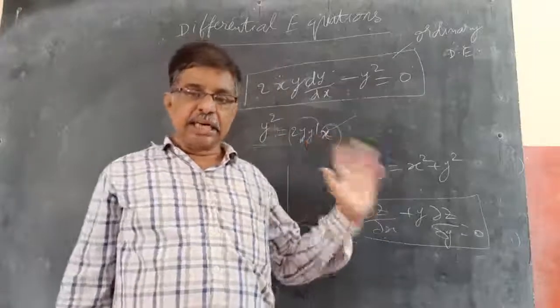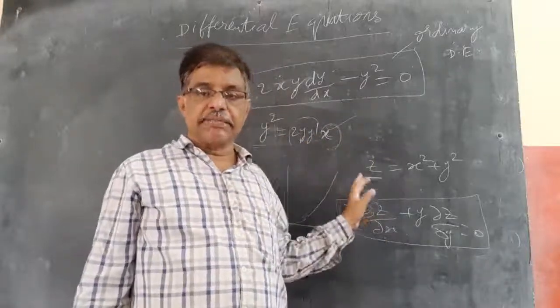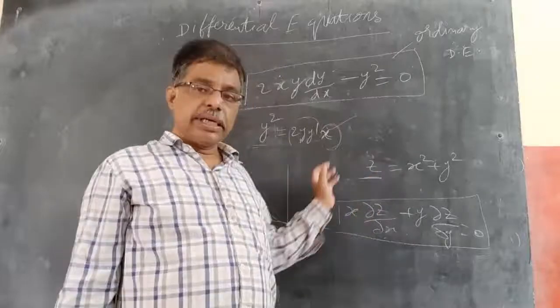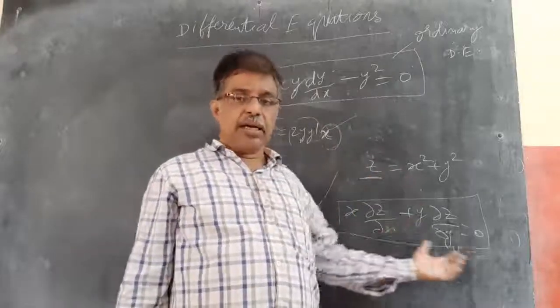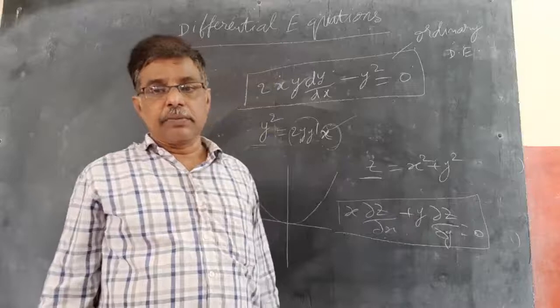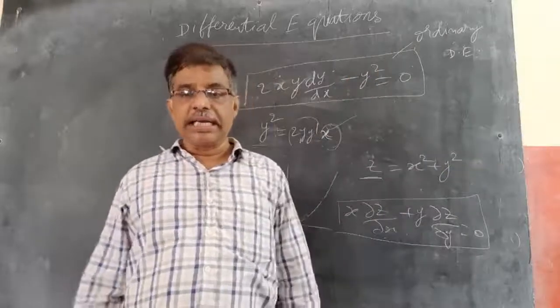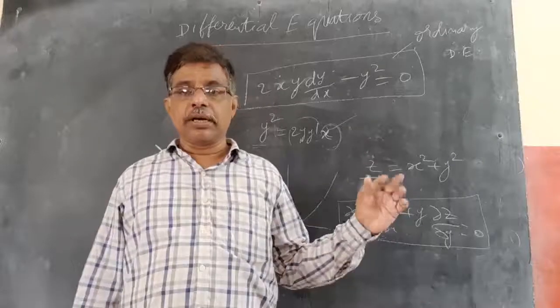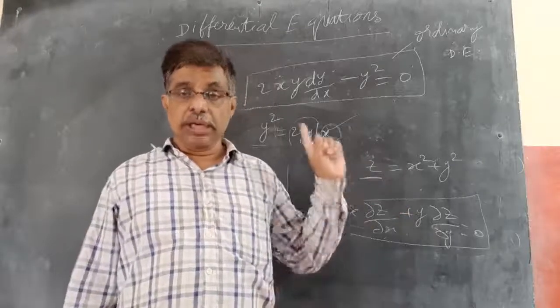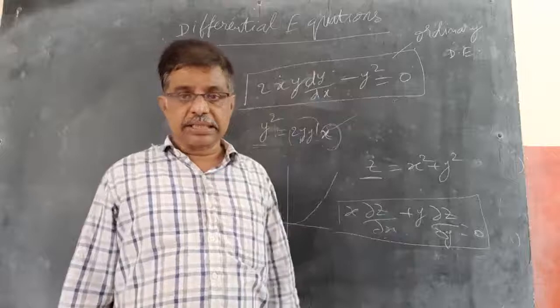Your engineering starts with differential equations 100%. There you can learn more than one independent variable and higher order differential equations, whose order is more than one and whose degree is more than one, in your engineering classes.